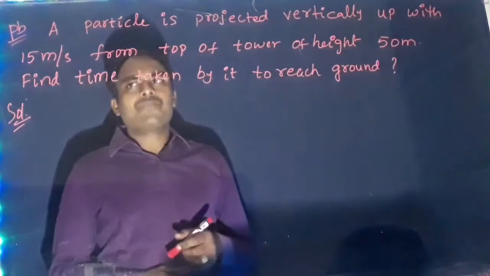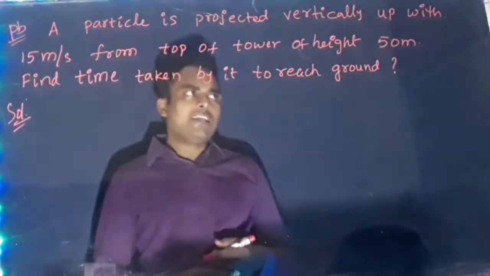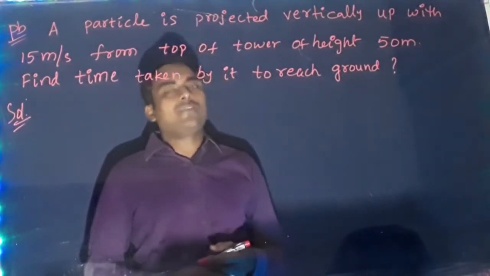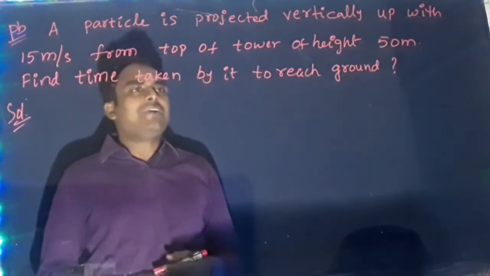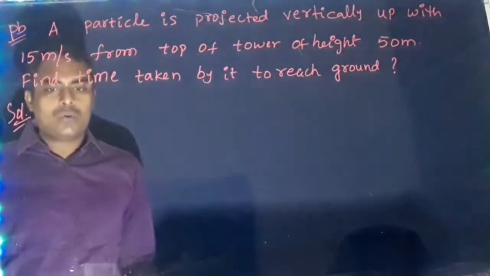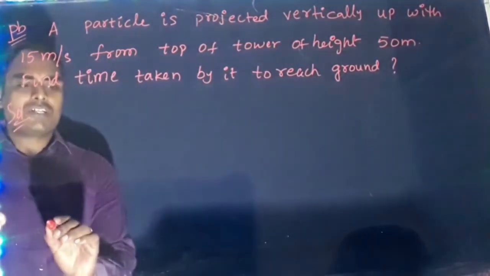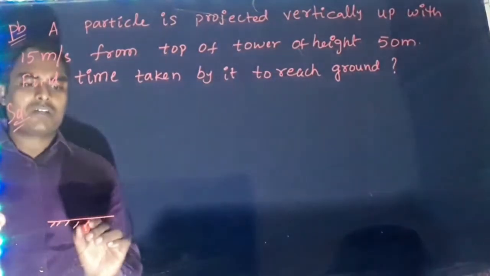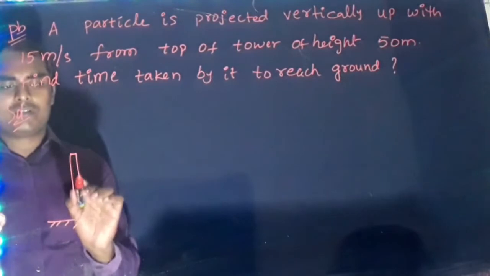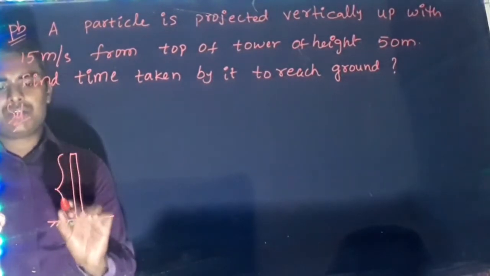Next problem. A particle is projected vertically up with 15 meter per second from top of a tower of height 50 meter. Find time taken by it to reach ground. So if it is projected from top of the tower, for example this is the tower of height 50 meter.